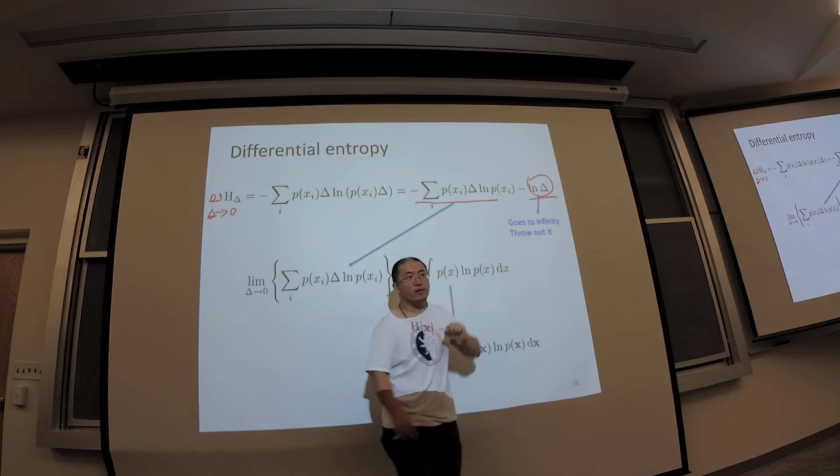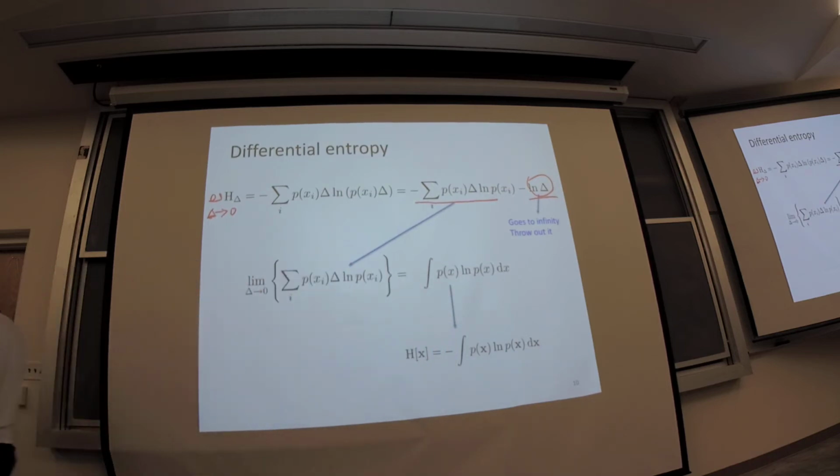And this term is what? If we take the limit, first let us look at this one. If we take a limit over this summation, so we know when delta approaches 0, then this one becomes P(x_i), and this summation becomes an integral.